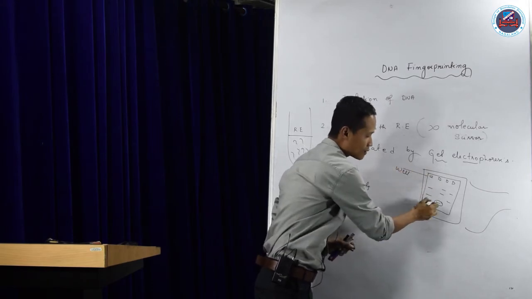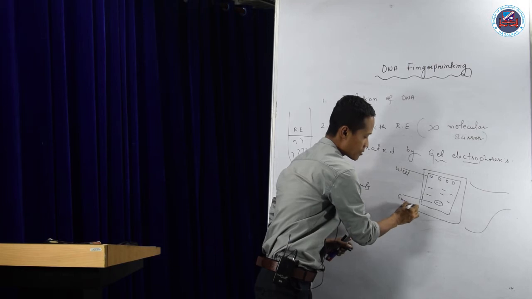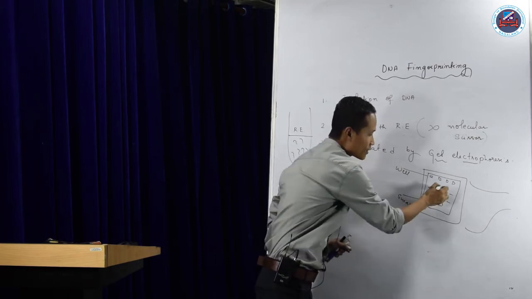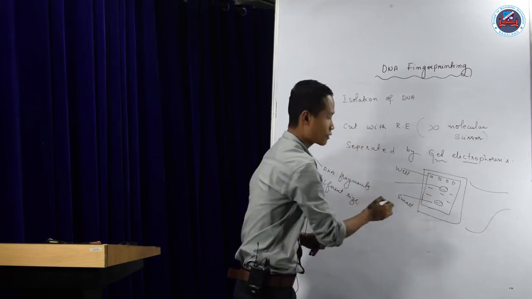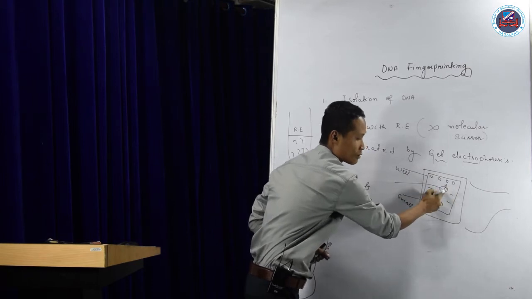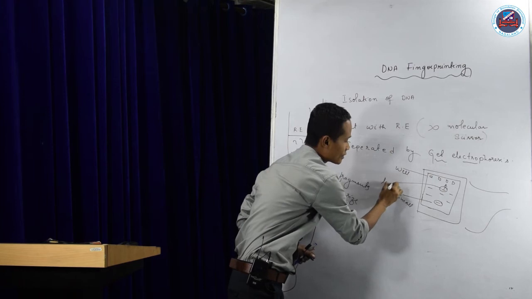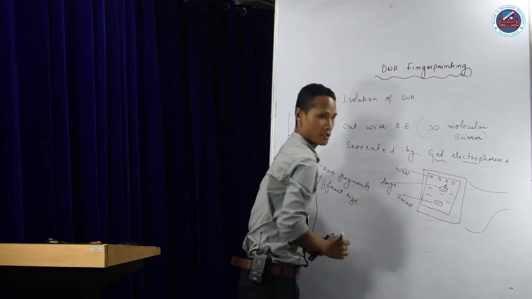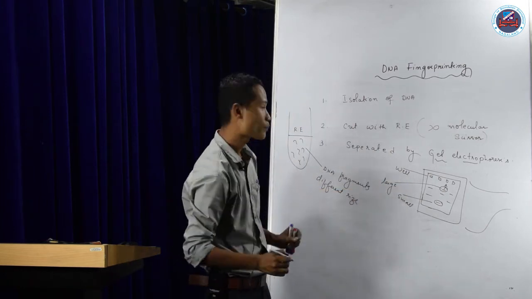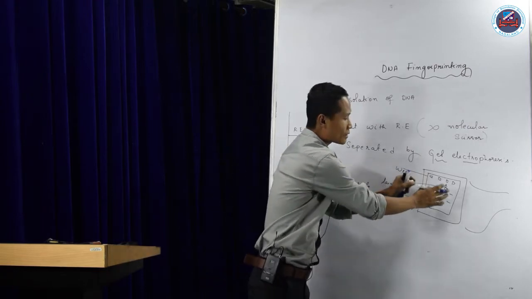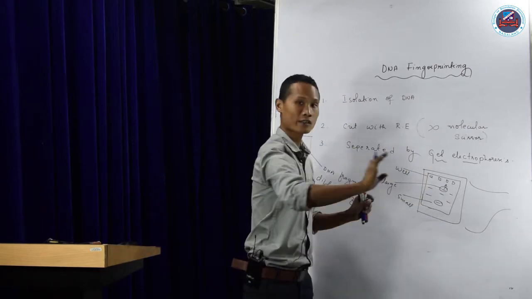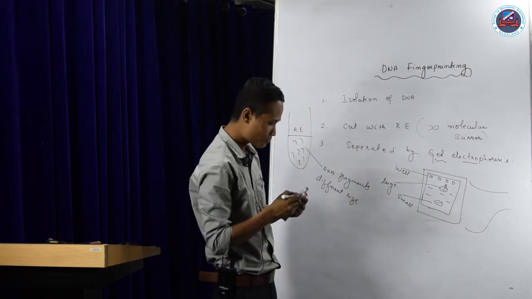So this is said to be the small fragments, and the one which is nearby to the well, you can say that this is a large fragment. We're talking about DNA, okay? So it means that depending on the size, we have separated the DNA fragments.